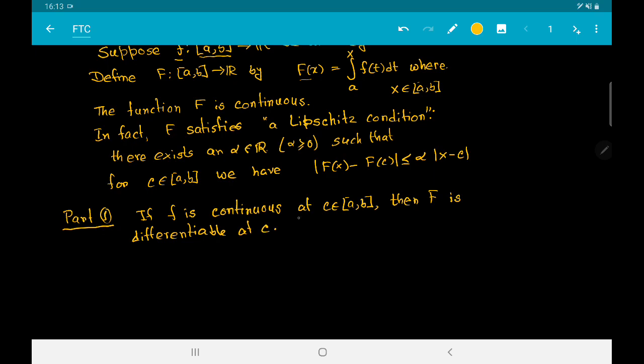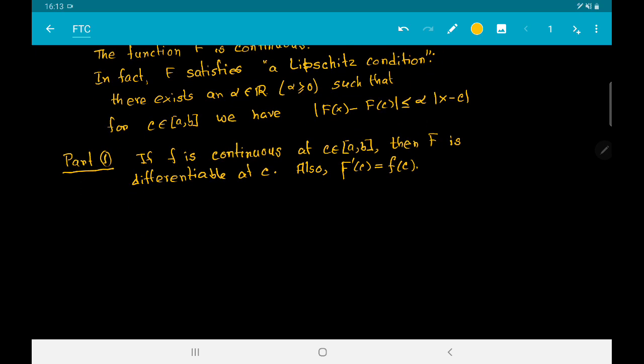But when I say that a function F is differentiable, you will ask what is the derivative of F at c. Here we allude to our intuitions, and it turns out to be correct that F prime of c is equal to f of c. This is the first part of the fundamental theorem of calculus.